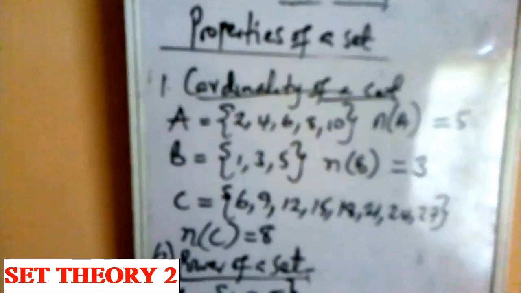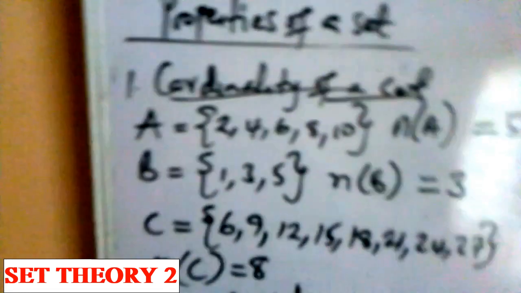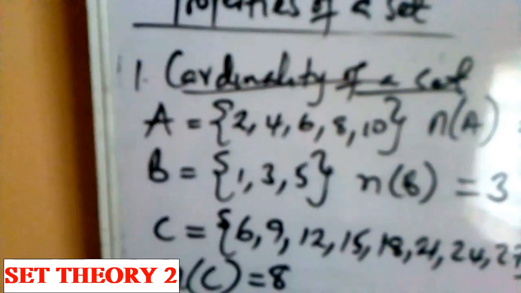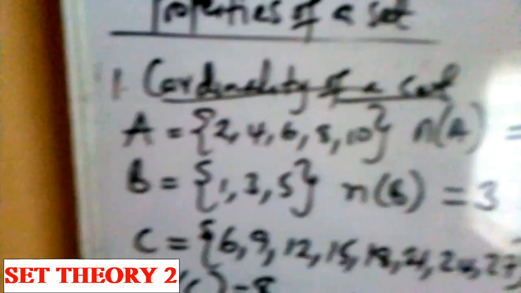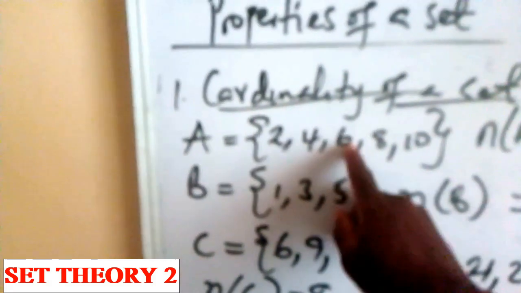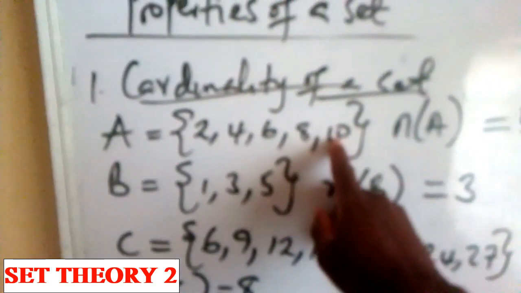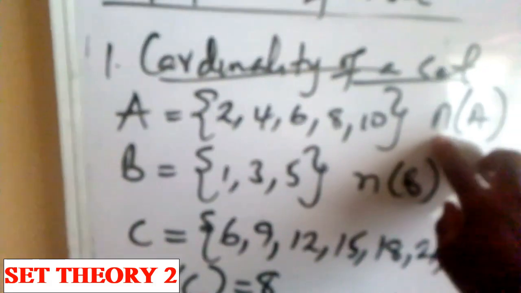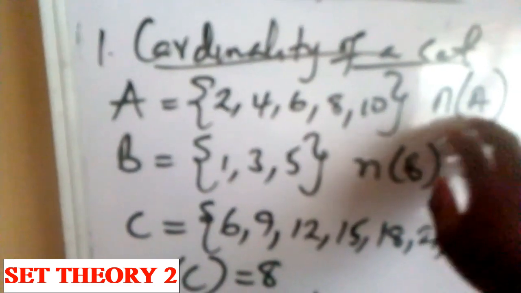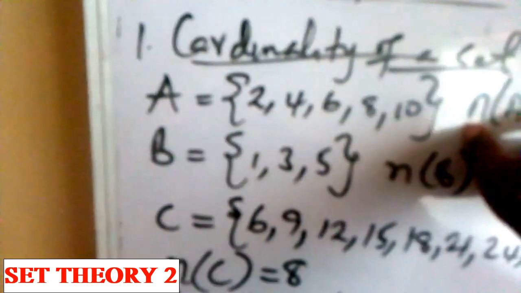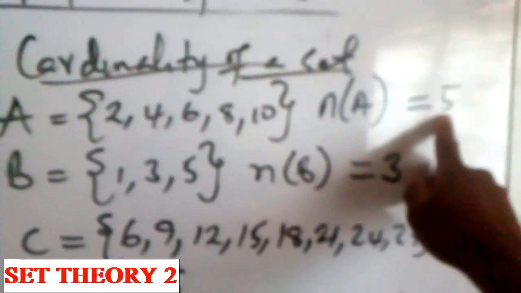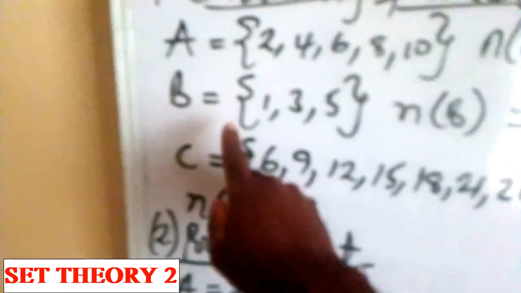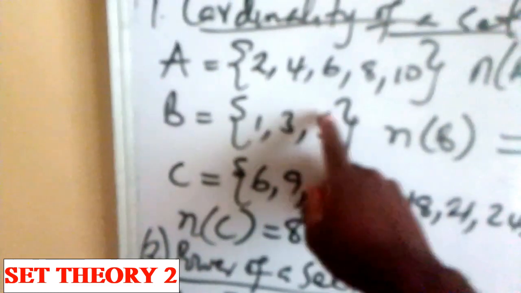Now, if you look at the set A, it has 5 members: 2, 4, 6, 8, 10. So we write n(A), the number of elements of A, is equal to 5. The cardinality of A is 5 because A has 5 elements. Also B, we have the elements 1, 3, 5.